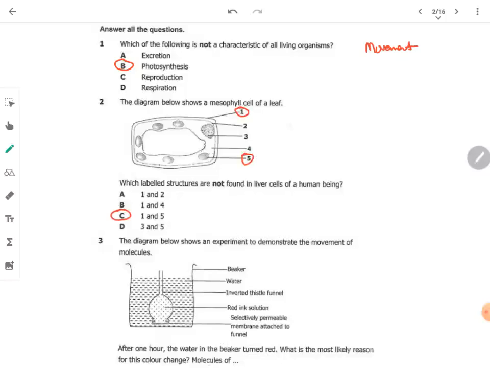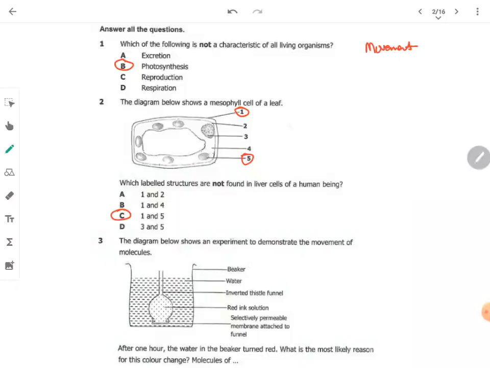Question 3. The diagram below shows an experiment to demonstrate the movement of molecules. We have a beaker, water, an inverted funnel, red ink solution, and a selectively permeable membrane attached to the funnel. It says, after 1 hour, the water in the beaker turns red. What is the most likely reason for this color change?